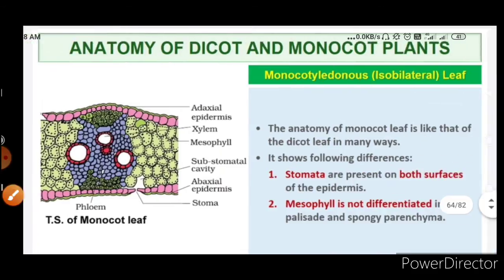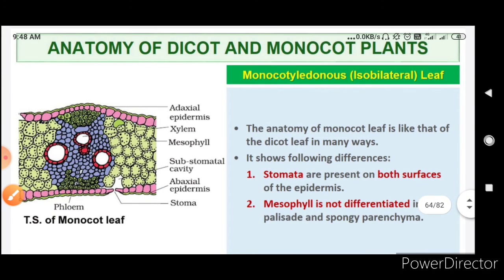So what are the differences between the monocot and dicot leaf? Dicot had stomata more on the lower surface, while monocot has stomata on both surfaces. In dicot the mesophyll was differentiated into palisade and spongy, while here it is not differentiated. In monocot there is a presence of bulliform cells, but in dicot they were not there.